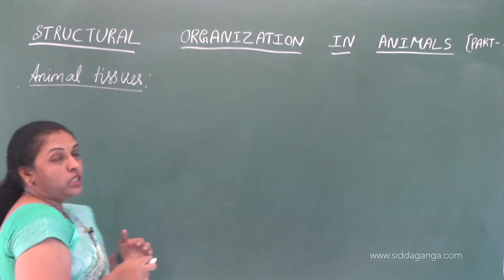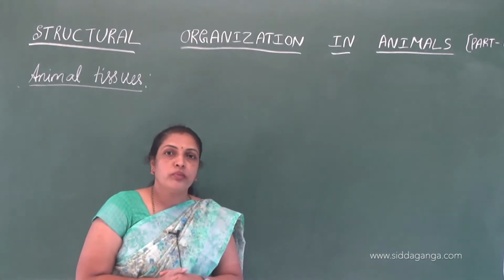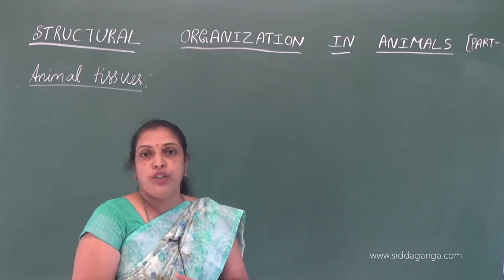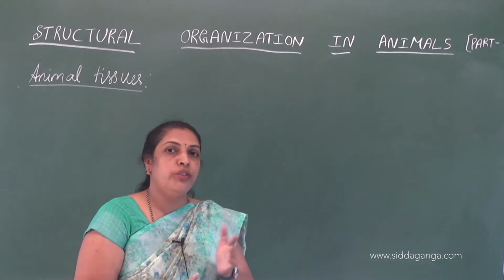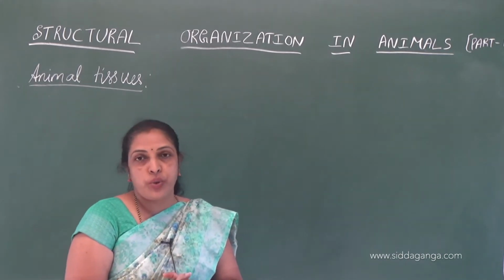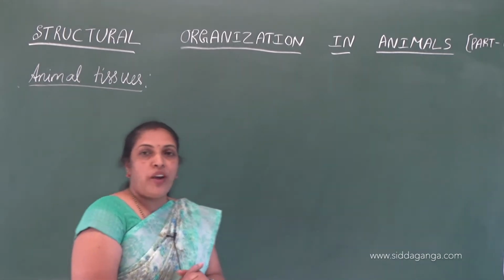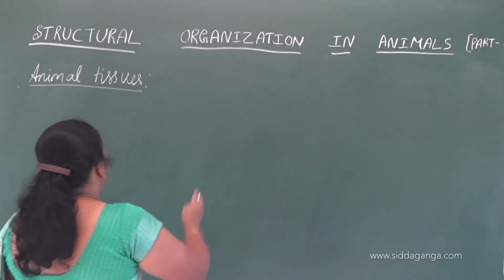In multicellular organisms, the cells take different shapes based on their function. Based on their function, the structure of the cell is going to vary. Animal tissues are broadly classified into 4 types.